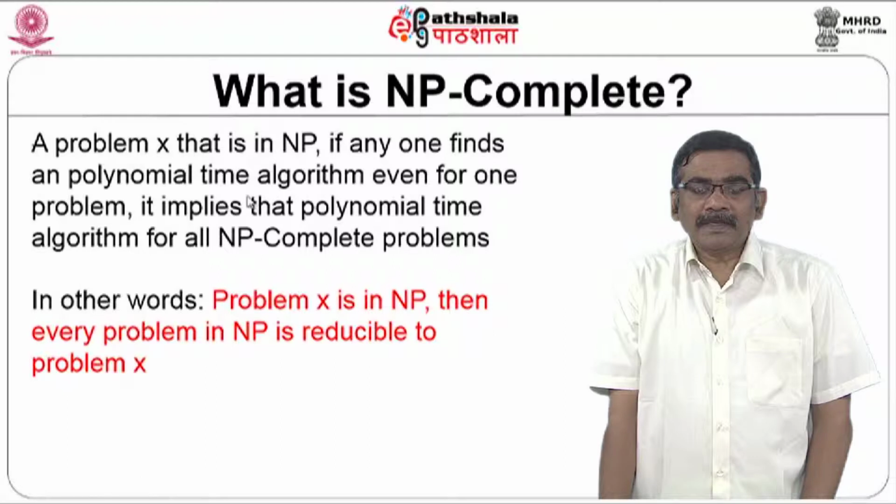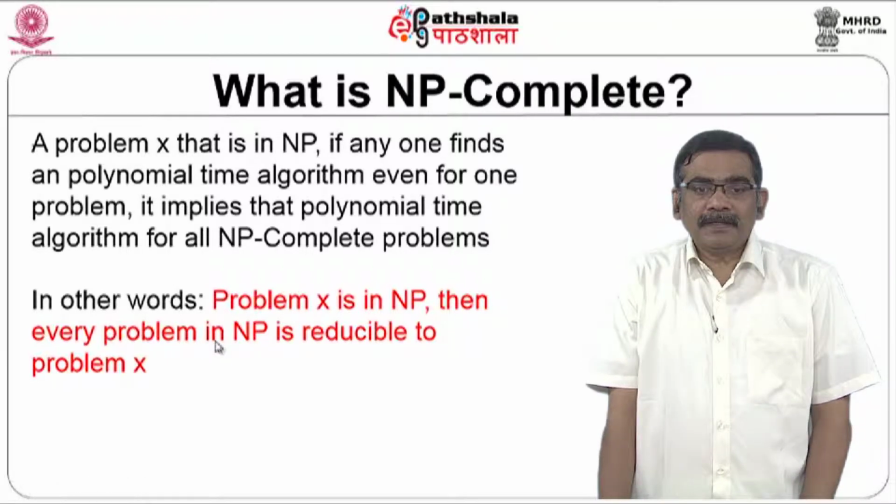In other words, the entire set will vanish if any one of the problems is solved. And we can also say that the problems in that complete set are so related that one problem can be reduced to another problem in polynomial time.